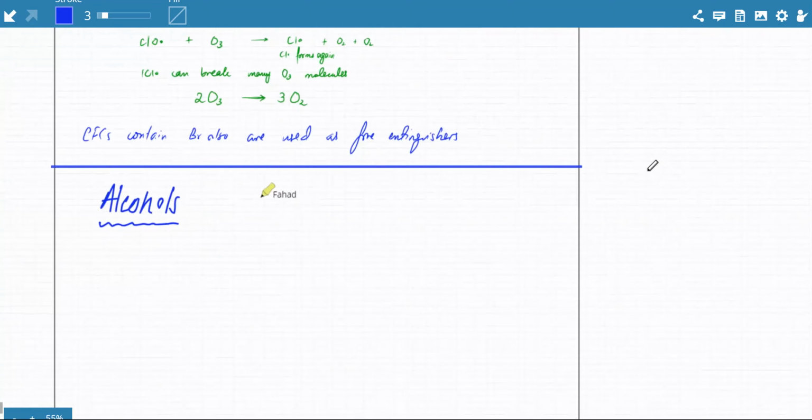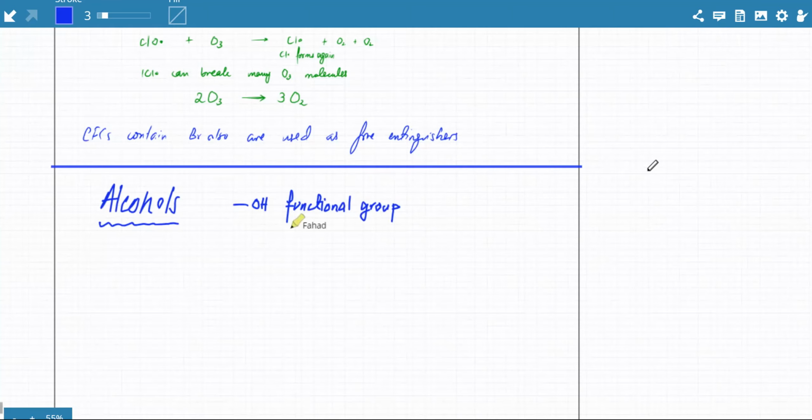Alcohols have an OH group. That's the functional group. They have the OH group and only the OH group.